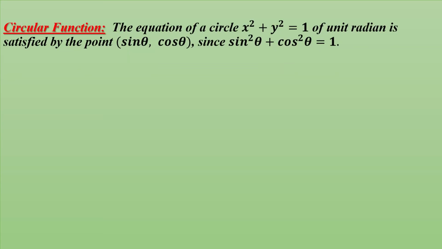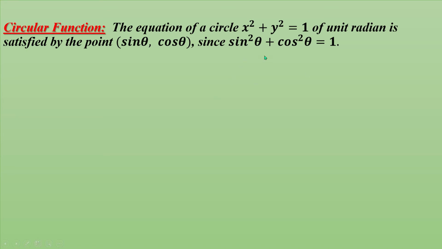At first we have to know what is a circular function. Here we follow the equation of a circle, x square plus y square equal to 1, of unit radius, which is satisfied by the point (sin theta, cos theta).